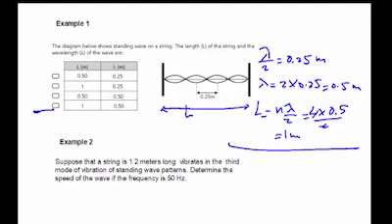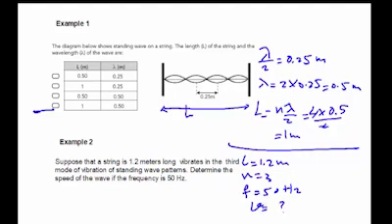For the second example, suppose that a string 1.2 meters long, so L equals 1.2 meters, vibrates in the 3rd mode of vibration, so we have 3 loops with n equal to 3. Determine the speed of the wave if the frequency is 50 hertz.